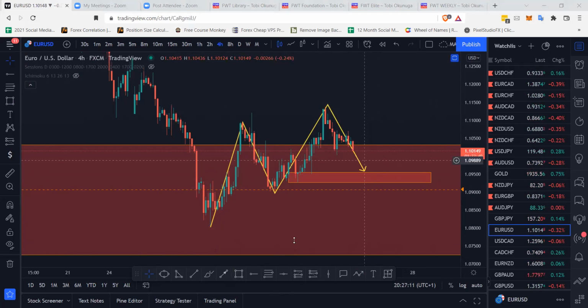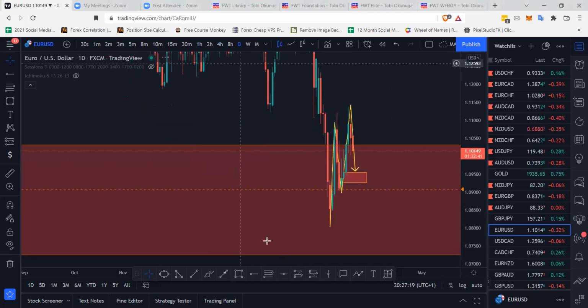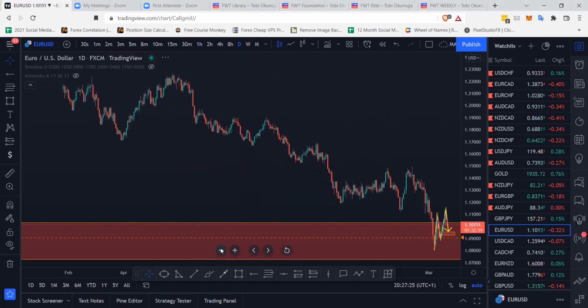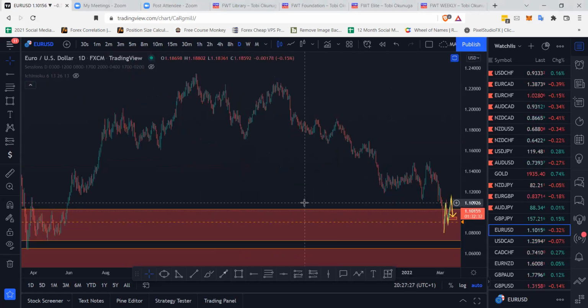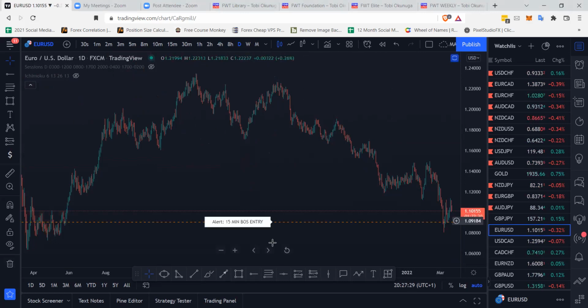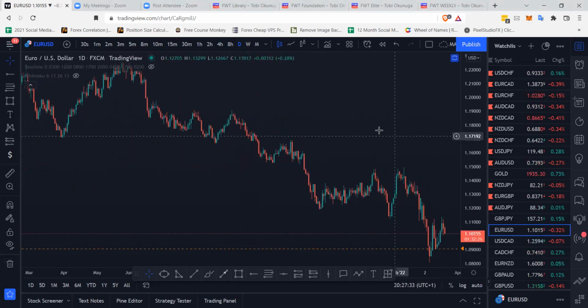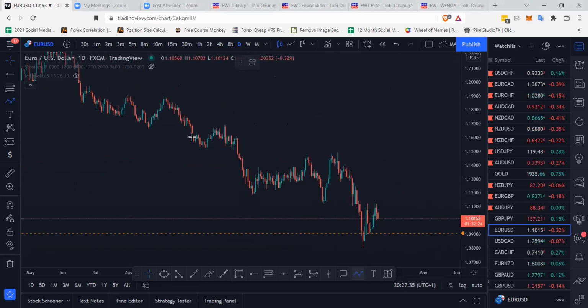Okay, so Mr. Fitz is asking, where is the target? To get the target, let's go to a higher time frame. Now we know for certain, let me delete everything. If you check Euro USD on a higher time frame, you see that it's strongly a down move.